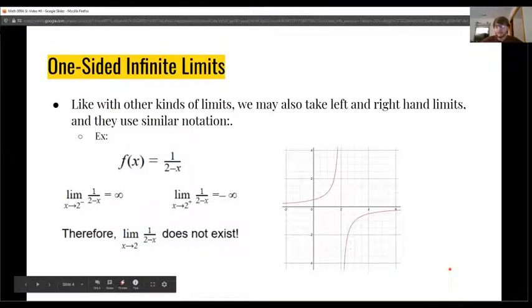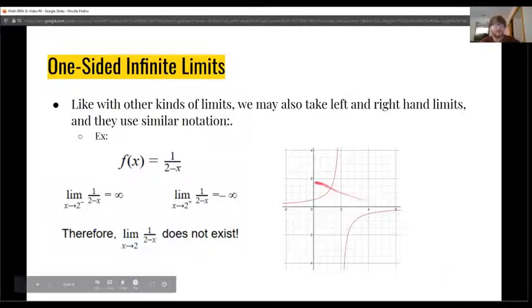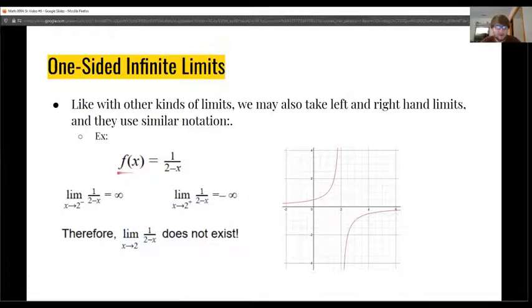So like other limits, we also have one-sided limits for infinite limits. We can do it pretty much the same way. Here we have the function f of x is equal to 1 over 2 minus x, and we're going to be taking the limit as x approaches 2.